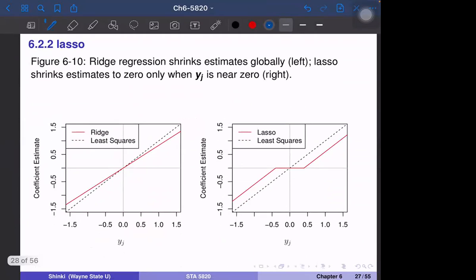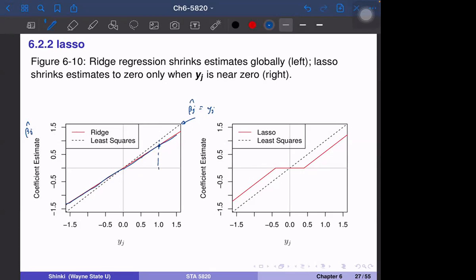If we use the usual least squares, beta j hat is equal to yj. But with ridge regression, the parameter gets smaller in this way. It shrinks toward 0. So if yj is equal to 1, then beta j hat may be 0.8.